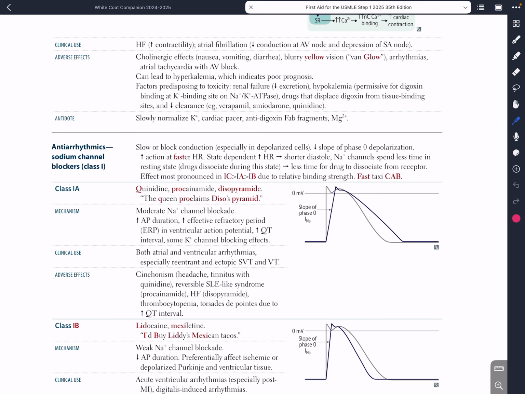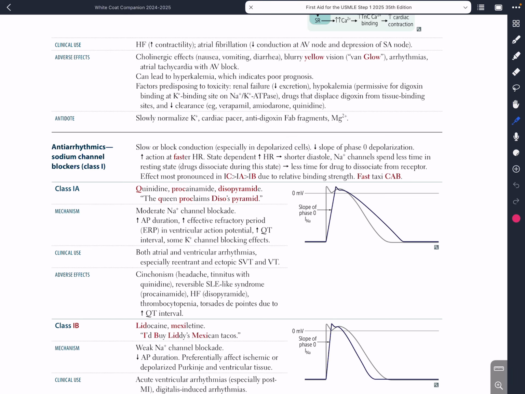Hypokalemia is permissive for digoxin binding at the potassium binding site at sodium potassium ATPase. Drugs that displace digoxin from tissue binding sites and decrease clearance are verapamil, amiodarone, and quinidine.